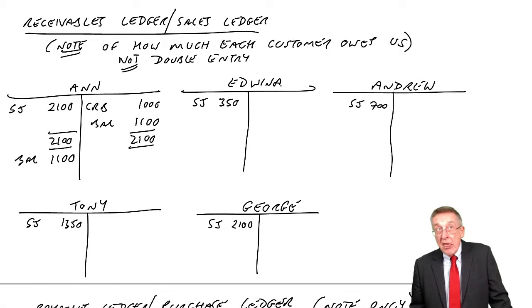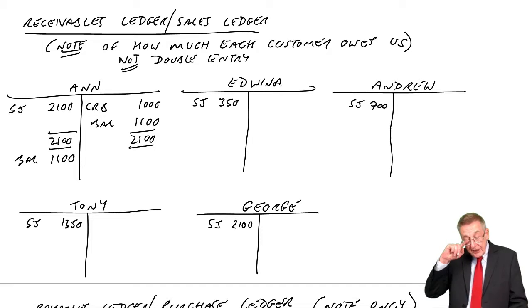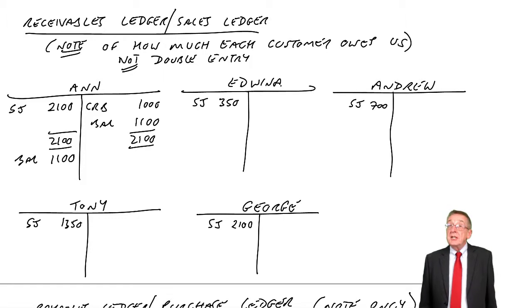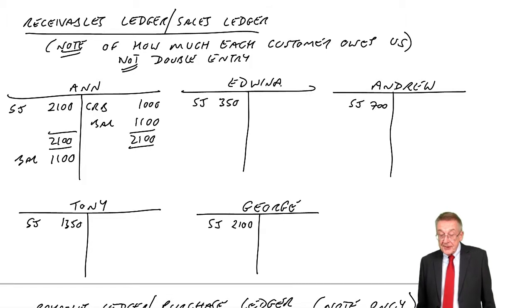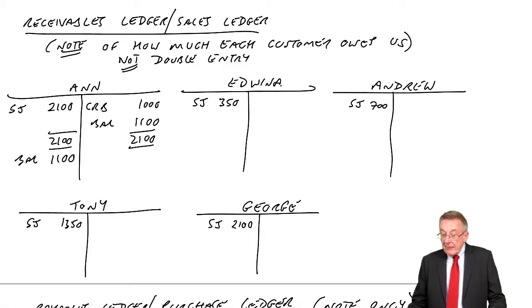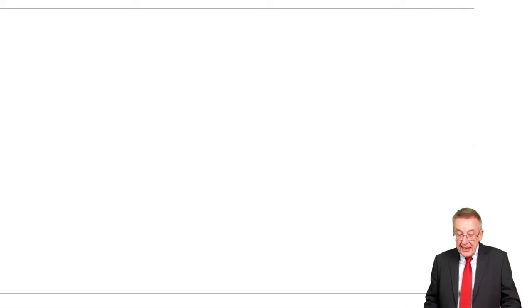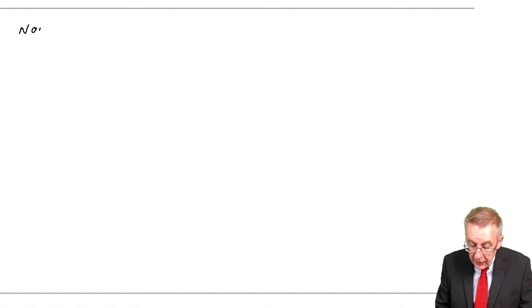All right, this is the third lecture on books of prime entry. And now, at the end of the month, we're actually going to do our double entries. And the double entries, remember, the real T accounts are in our nominal or general ledger.